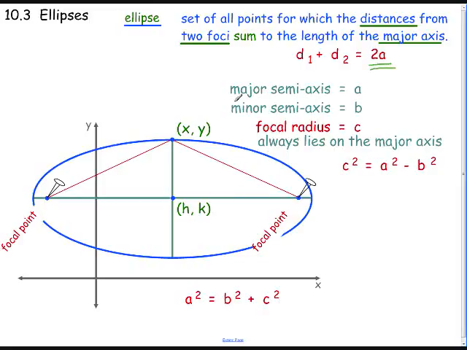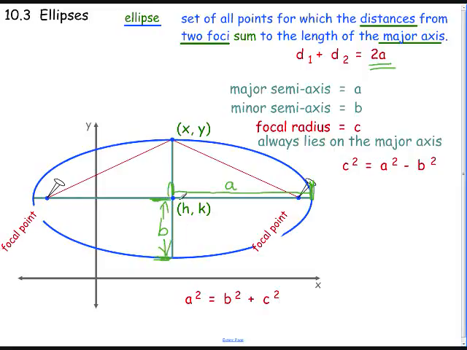And when we say a, we're talking about, how can I mark it so it's easy to tell what I'm talking about? We're talking about this distance from there to there. That's my a. I have another distance that I'm very interested in, and that goes from the center to the ellipse.